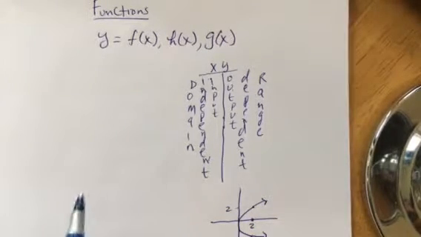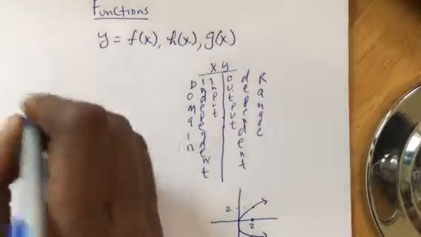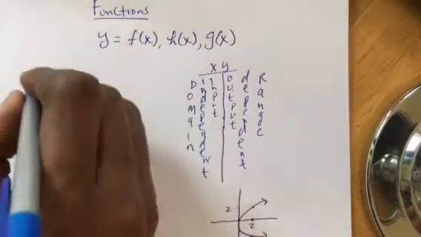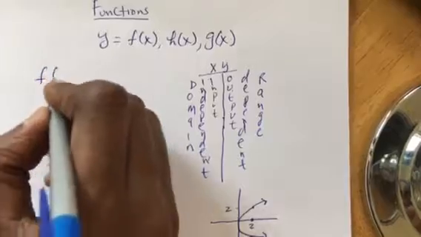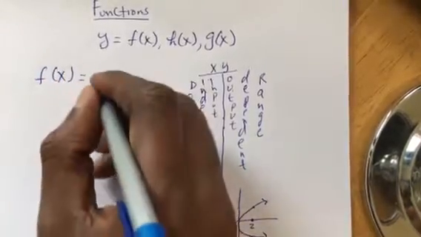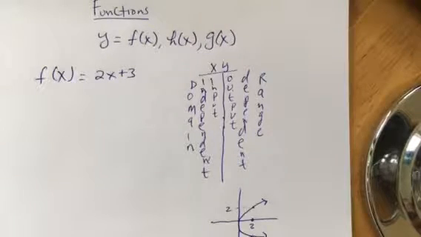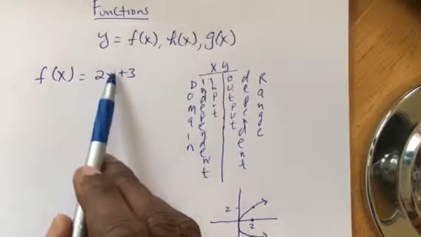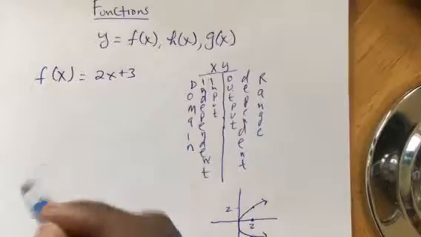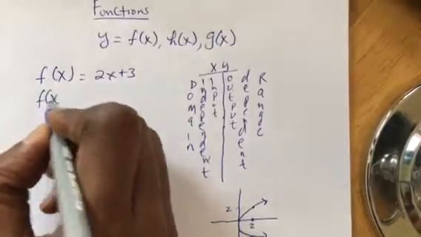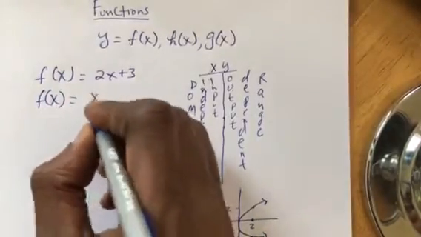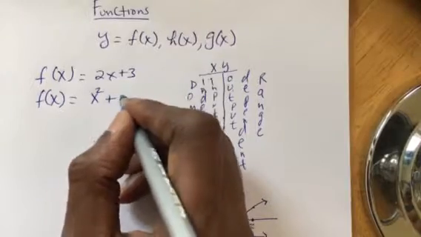Now let me give you an example of how it looks like, the way it's written. So when you have y equals f of x, this is how it's written. So you have f of x equals, let's say, 2x plus 3. This is an example of a linear function because the x has an exponent of 1. Another example that's a nonlinear function would be, let's say, x squared plus 4.